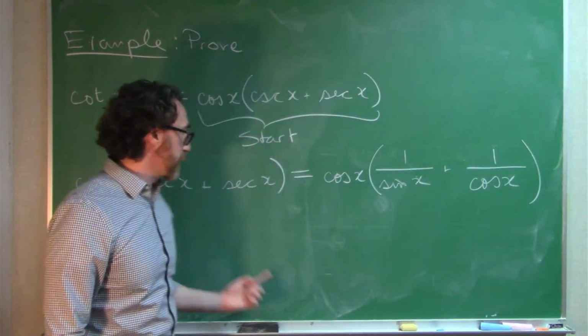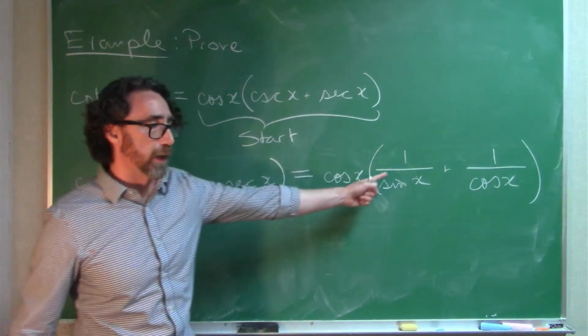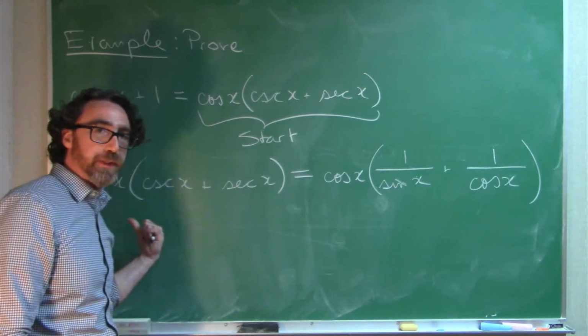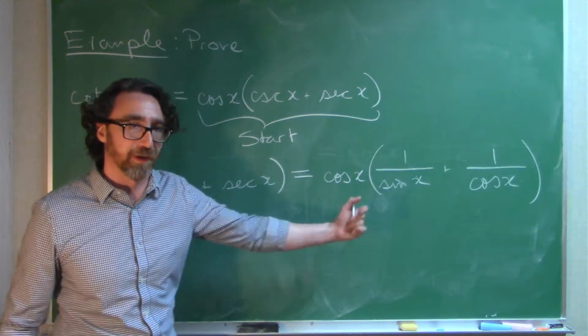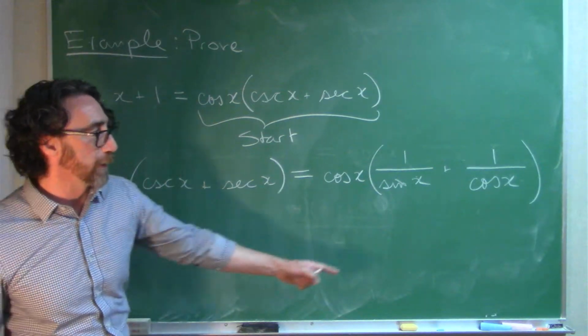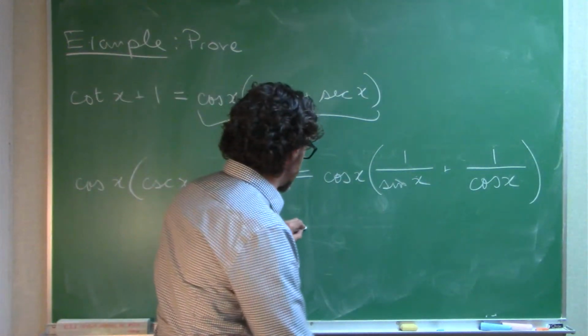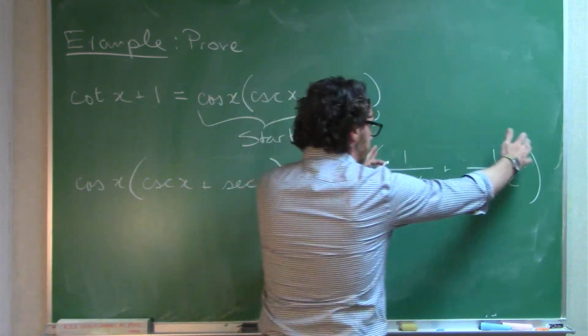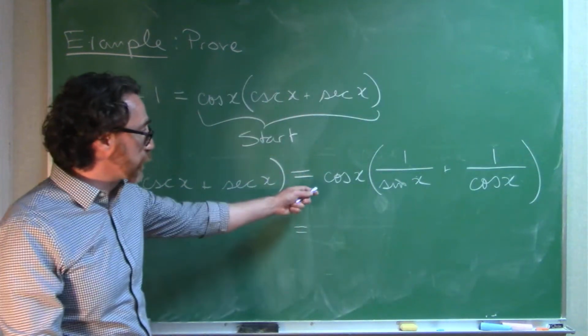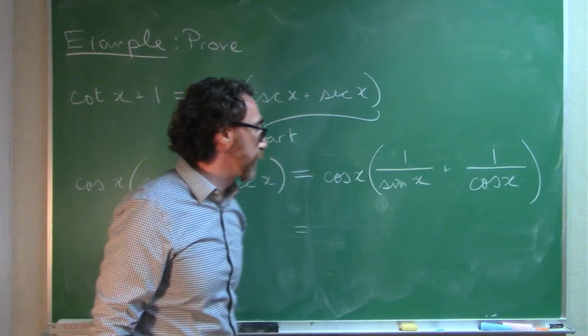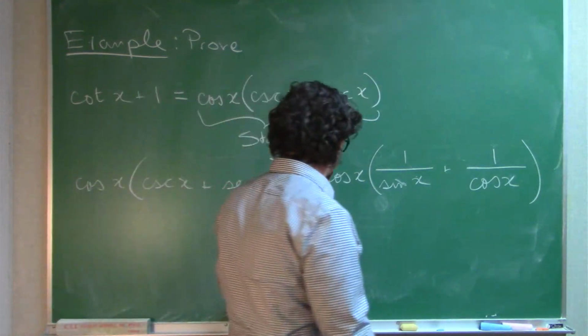I look at my cosecant, and I say, okay, that's the reciprocal of sine. So I replace cosecant with an expression that involves sine. I replace secant with an expression that involves cosine. Now I've got cosine and an expression in parentheses. That means I should distribute cosine to each of the terms inside.